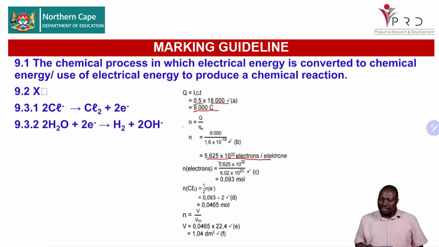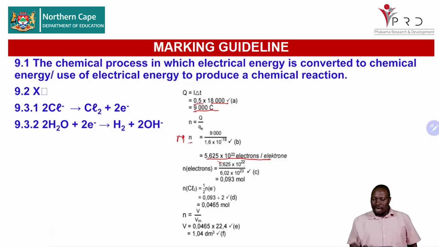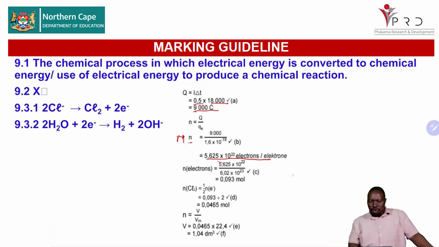Please, learners, usually I will write a bigger N to differentiate it from the other one. Don't think that this N you are calculating here is the number of moles. No, it's the number of electrons. Once you have your number of particles, you use n equals N over NA.